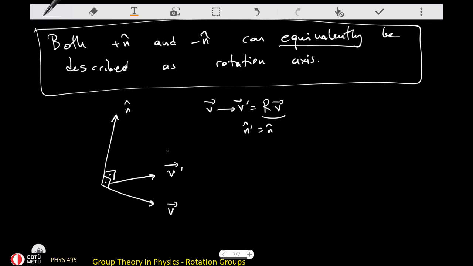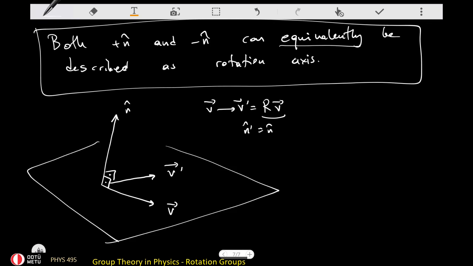Think about the plane which is perpendicular to n. Let me call this plane P, the plane perpendicular to this rotation axis.